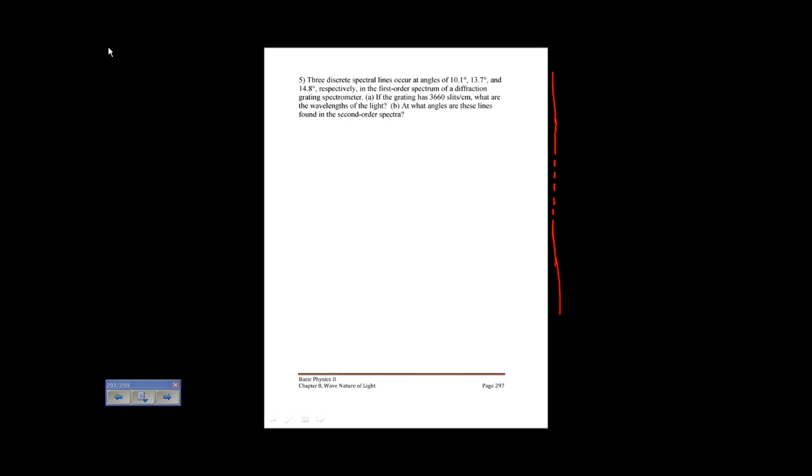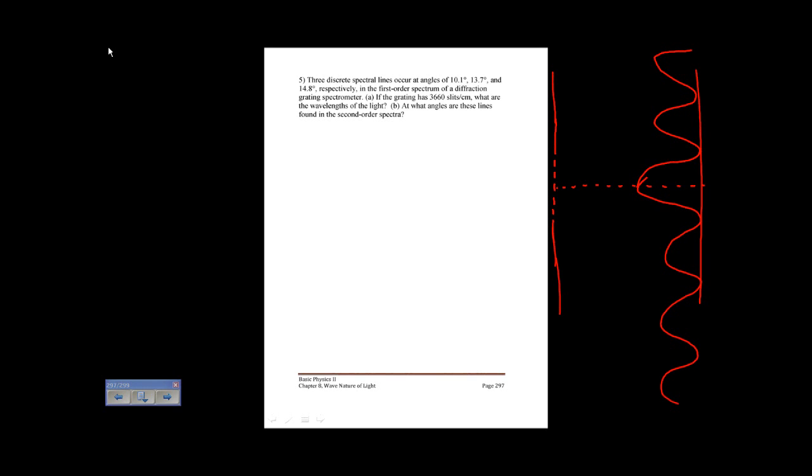Okay, so we have our diffraction grating on the left, and then our screen on the right. And then we get a pattern that develops on the screen that looks a lot like it does with the double slit. So let me draw this. However, within each order, the light of different colors is going to have different angles.